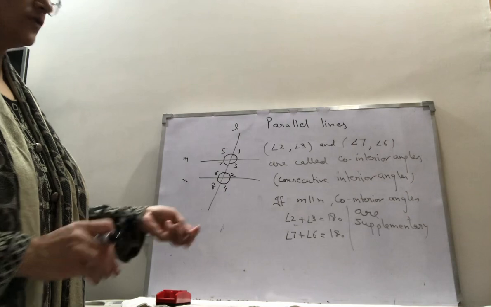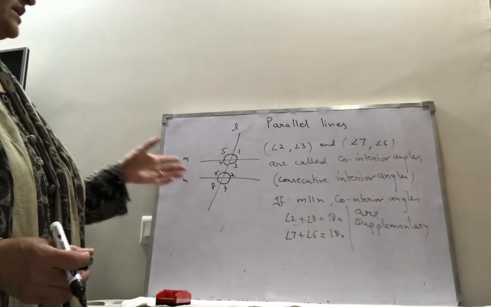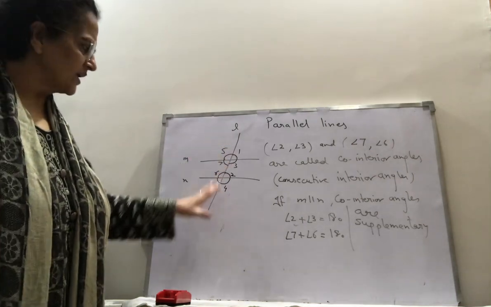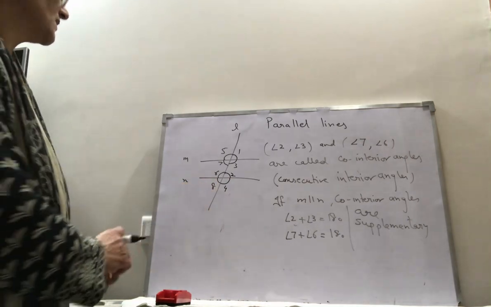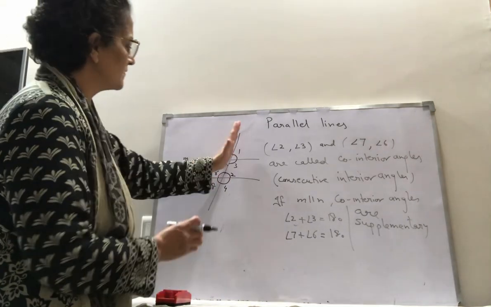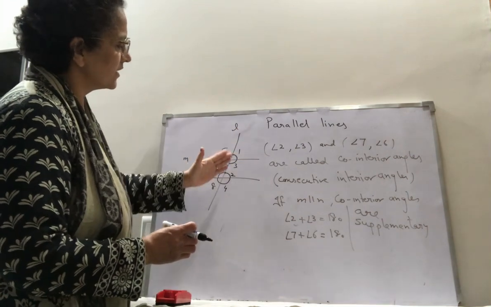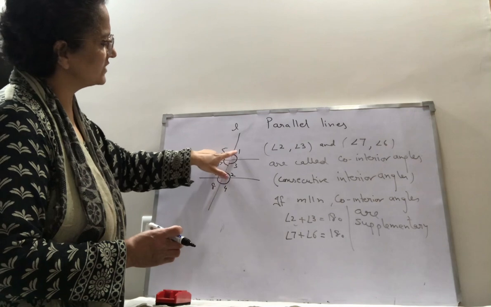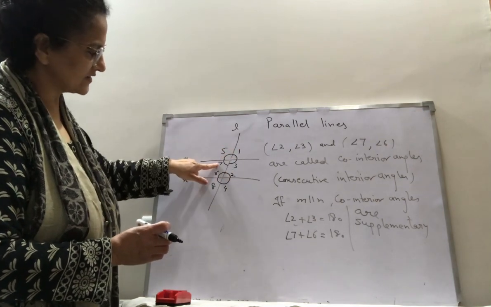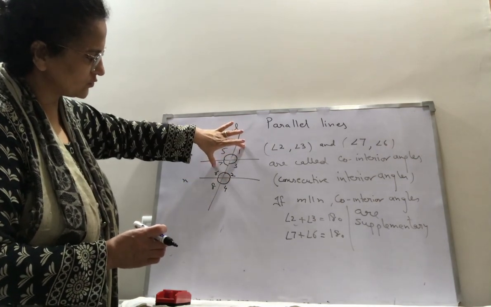And in my earlier video, I talked about intersecting lines. So once we are learning the conditions for angles, let's revise that also. If M and L are intersecting, we have these angles 1 and 7. They are opposite to each other.